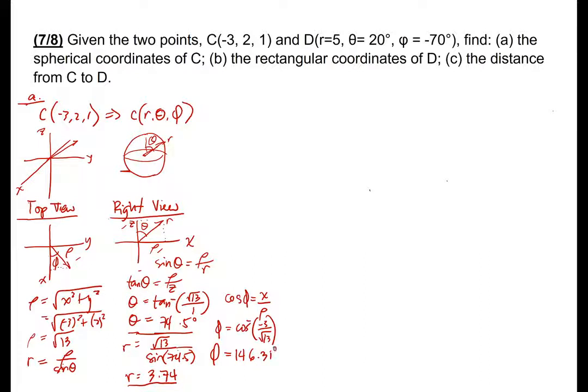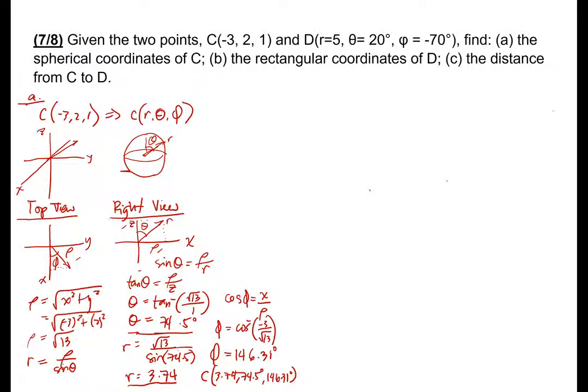Then you have the C coordinates. The C coordinate is equal to r, which is 3.74, then theta, which is 74.5 degrees, and then 146.31 degrees. So that's for our C.